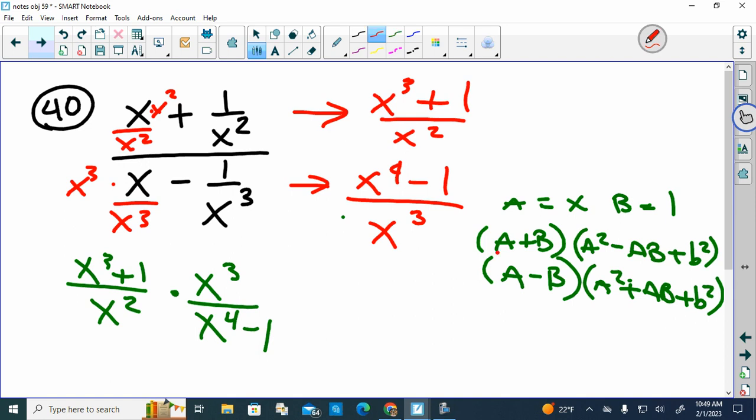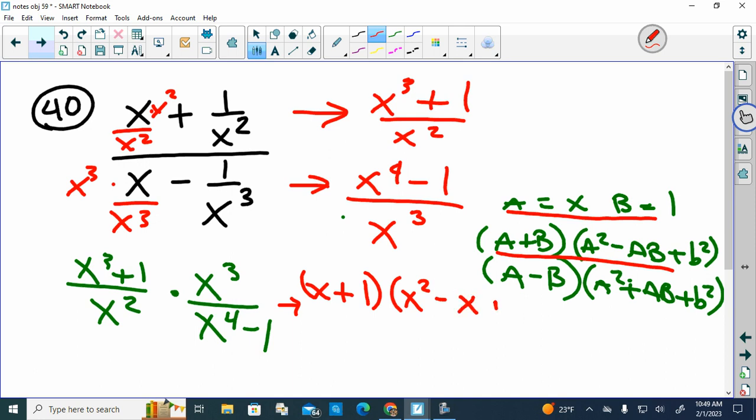I'm going to be following and putting what I just said, my a and my b, in. So a is x, so I'm going to put x plus what? 1. And then what? X squared minus 1x, right? You put those together as multiplication. So you can just put x if you wanted to. Plus 1. 1 times 1 is going to be 1.